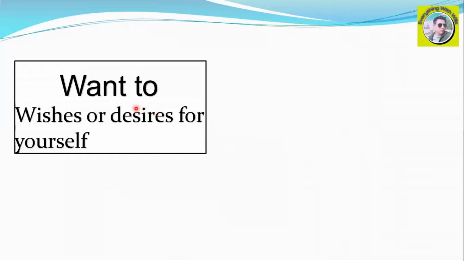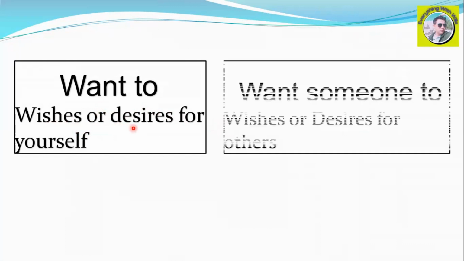So when we talk about "want to", we basically refer to our wishes, our desires for ourselves. Or if somebody is using it for himself or herself, they are referring to their own desires, their own wishes. But when we talk about "want someone to", this means we are showing our desires, but not for ourselves. We're showing our desires for somebody else.